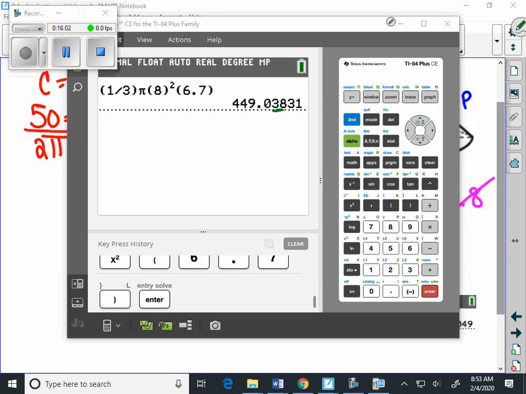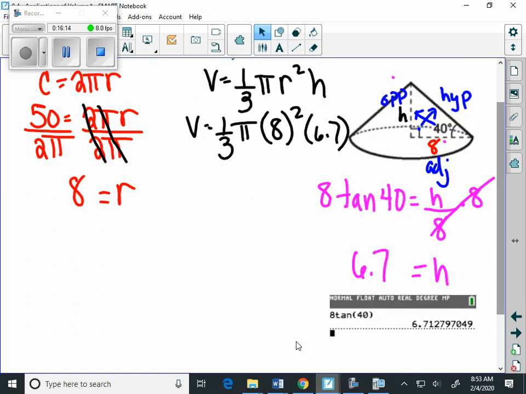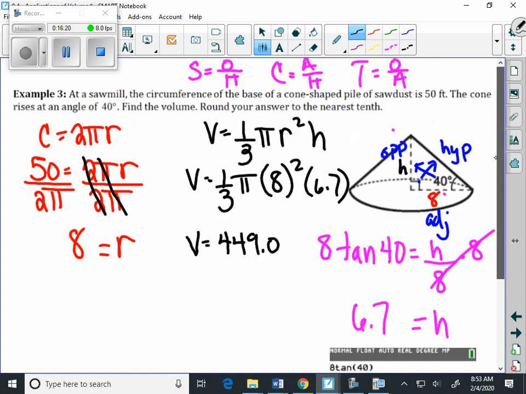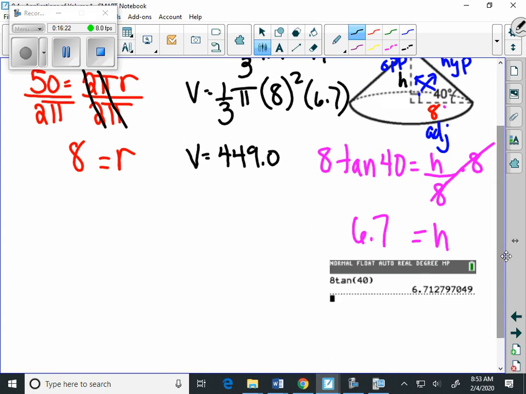Again, we're looking at this 3 to determine what to do to the 0. So what we need to do is leave that 0 as 0. So it's 449.0. I'll look at the units here, and our units are feet.